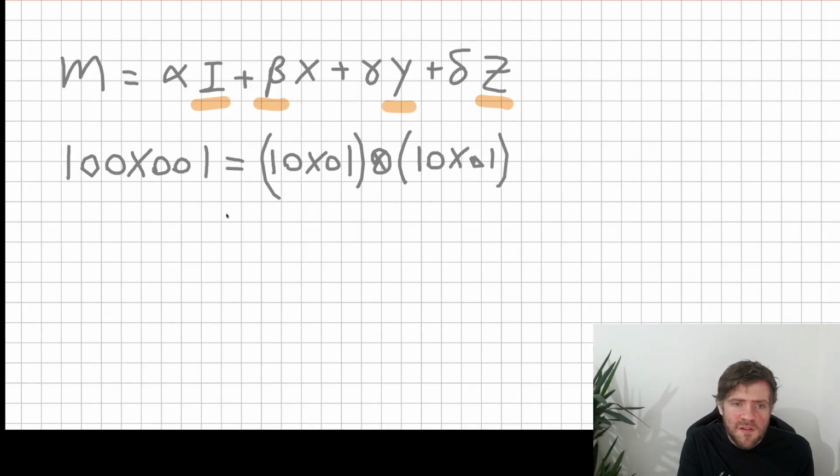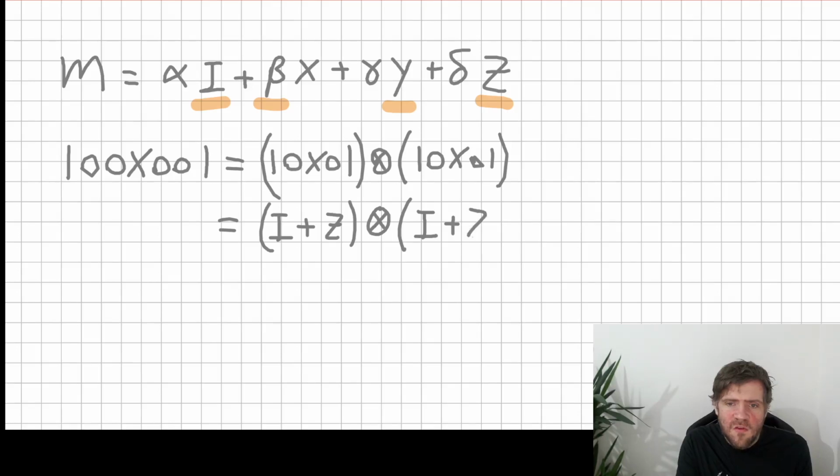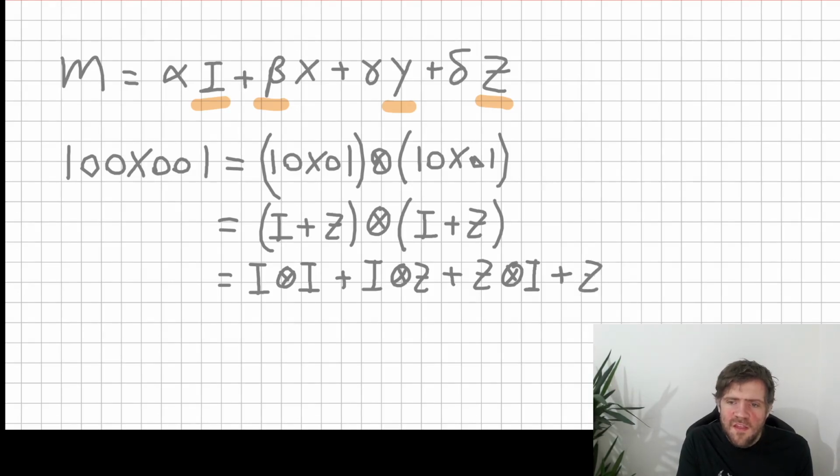And each of those can be written as identity plus Z. So you expand this out, and what you find is that this can be written as identity tensor identity, which is the 2-qubit identity, plus identity tensor Z plus Z tensor identity plus Z tensor Z.